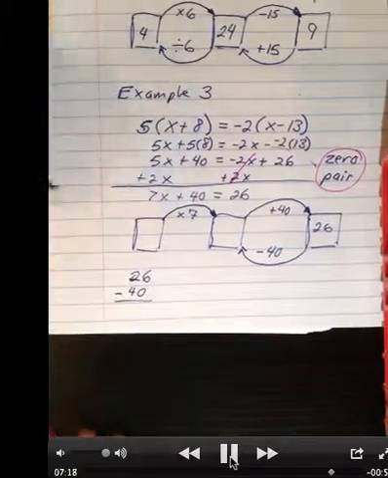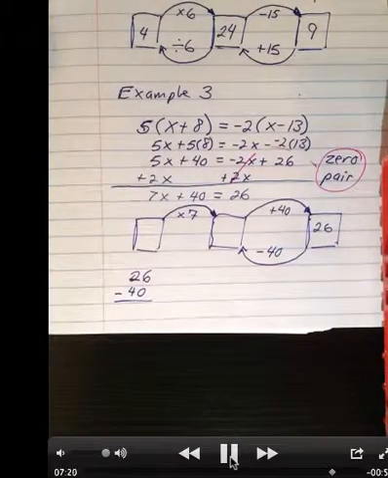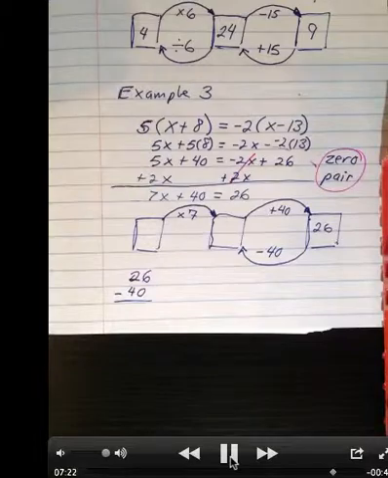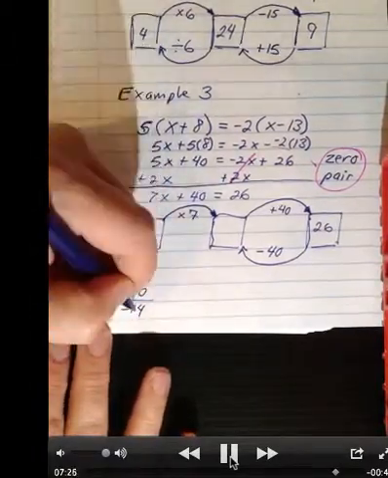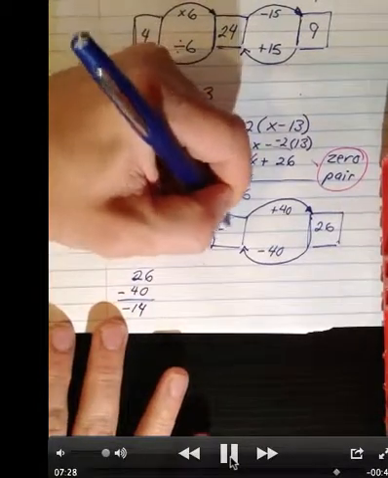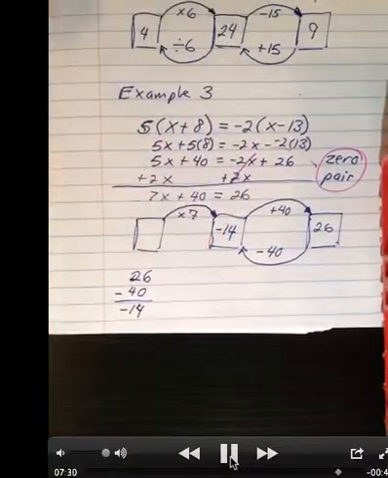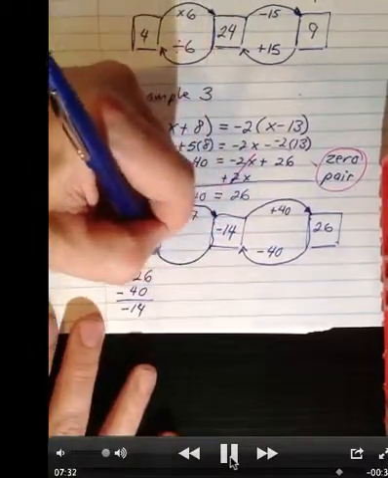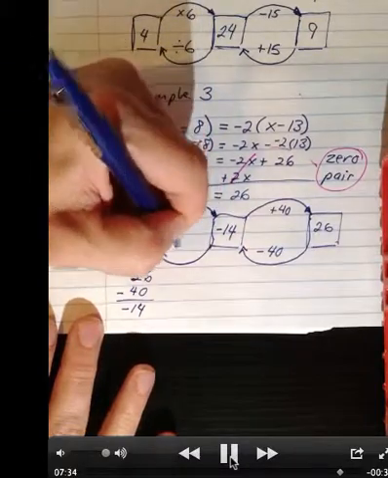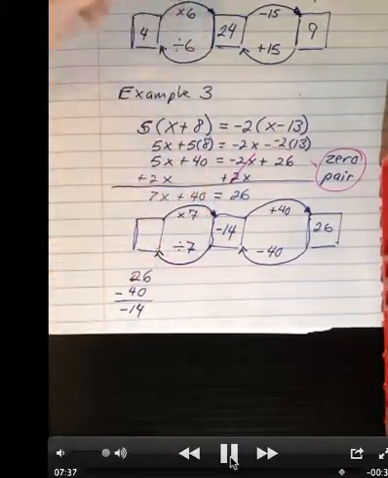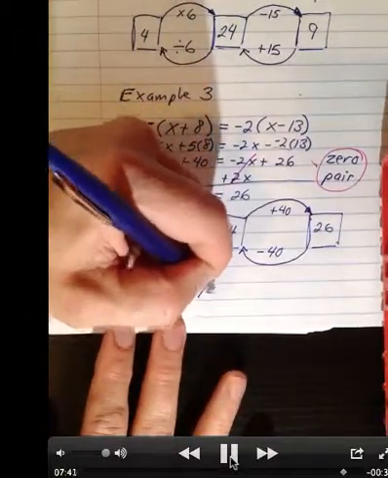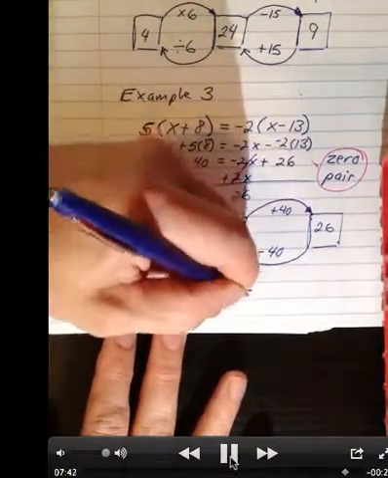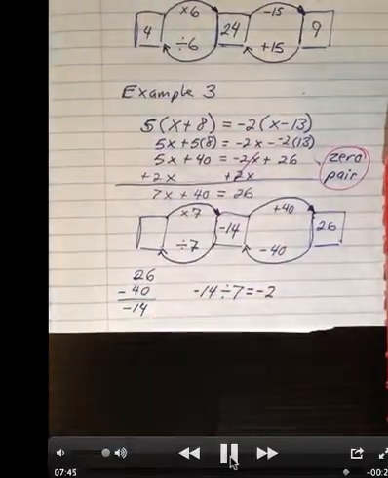That's going to give me a negative result. Negative 14. The opposite of multiplying by 7 is to divide by 7. When I divide a negative number by a positive number, I'm going to have a negative result. Negative 14 divided by 7 is negative 2.